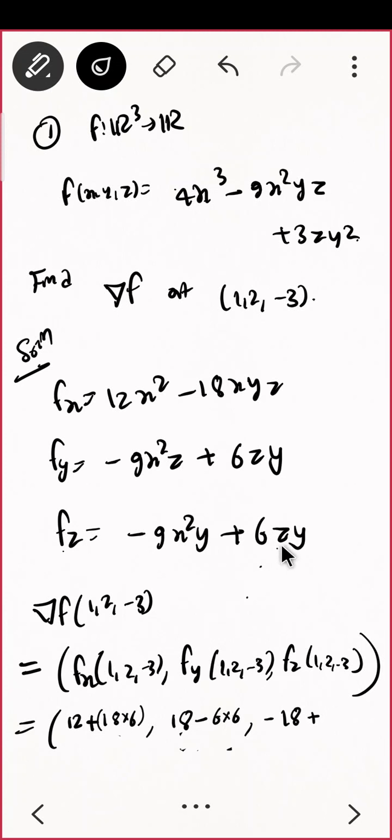So z into, plus, it will be 36, correct? And it is minus or plus, could be minus again. Right? You calculate and see what you get. Okay, so this is okay.